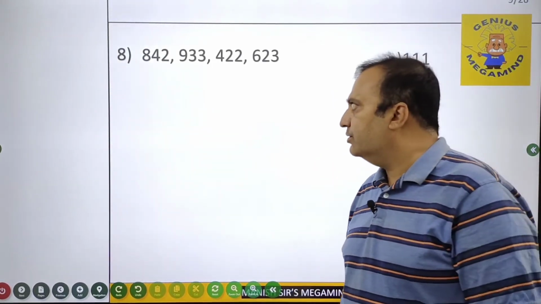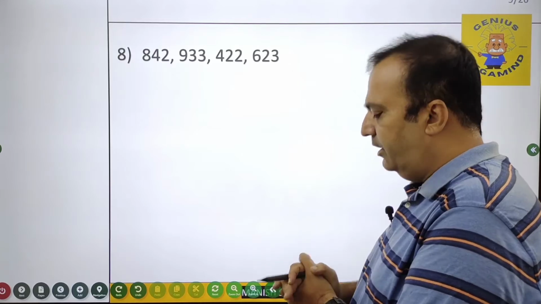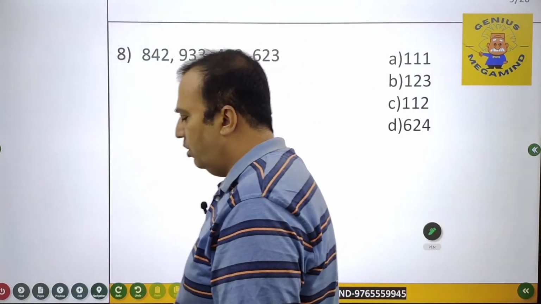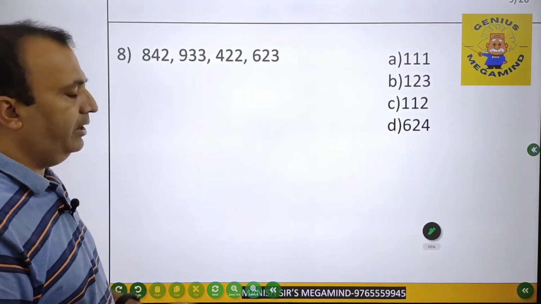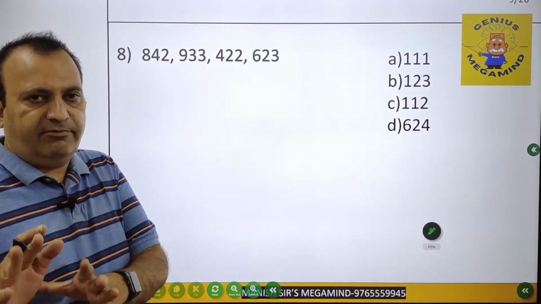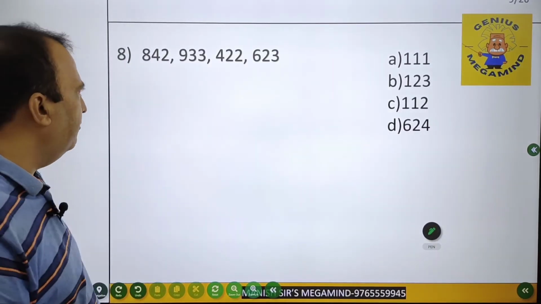Question number 8 on your screens, my friends. The first number is 842, the second is 933, the third one is 422 and the last number is 623. Again my friends, focus your attention on every digit of every number.